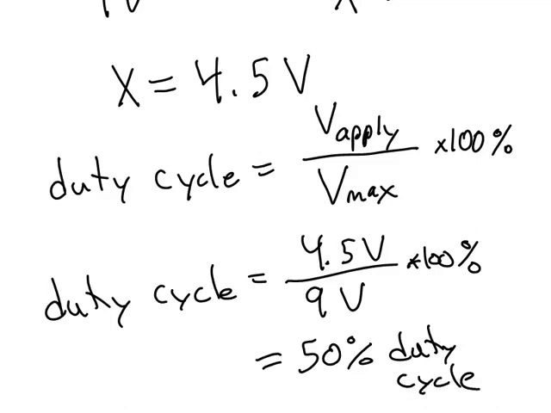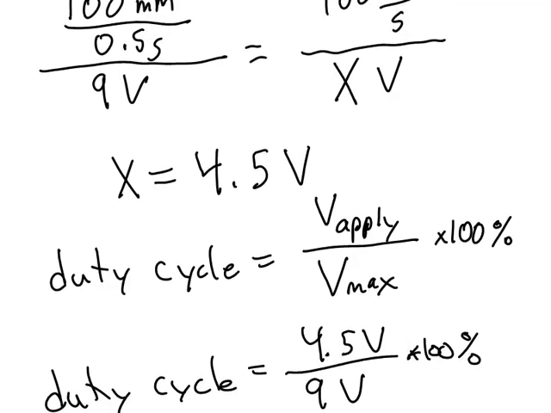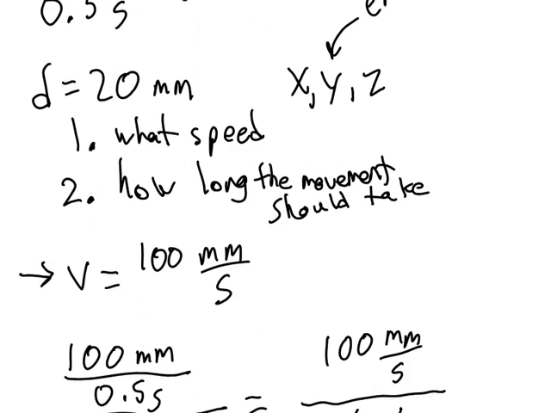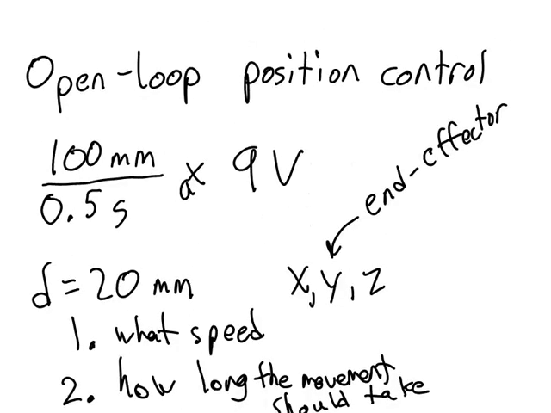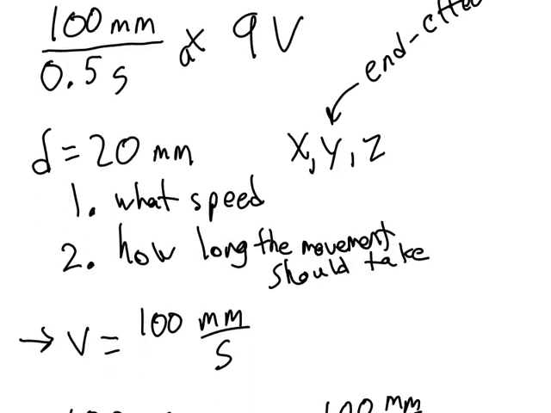Now we've figured out how to move the motor at the correct speed, but we still haven't achieved our position control. In order to get to the right position, I need to set this speed for a specified length of time. So to calculate that, I'm going to scroll back up to the top to remind myself that we're trying to move a distance of 20 millimeters at a speed of 100 millimeters per second.